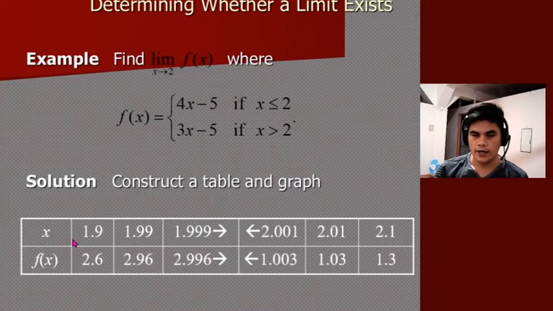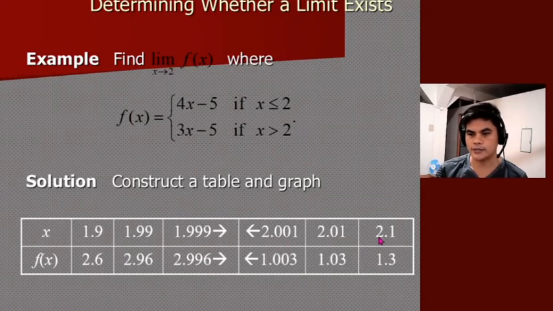As x gets closer to 2, we have the corresponding values: at 1.9, f(x) is 2.6; at 1.99, it is 2.96; at 1.999, it is 2.996.